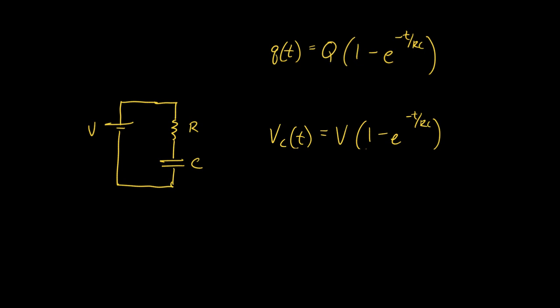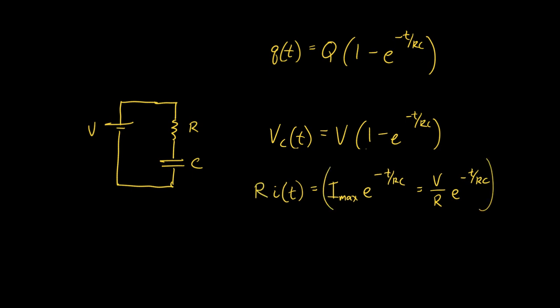Now we also have, in this case, the current as a function of T, which ended up being I max e to the negative T over RC, or V over R e to the negative T over RC. I'll say this too, if I multiply both sides of this times resistance, do you see what you get?